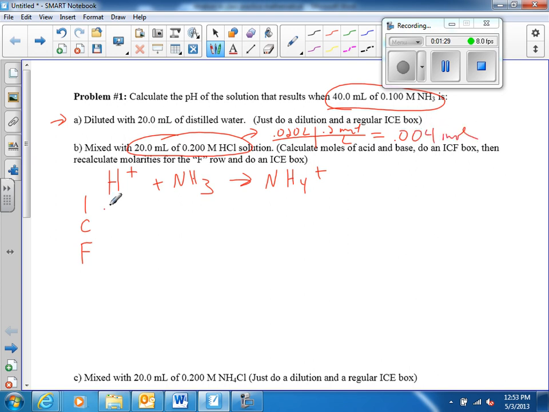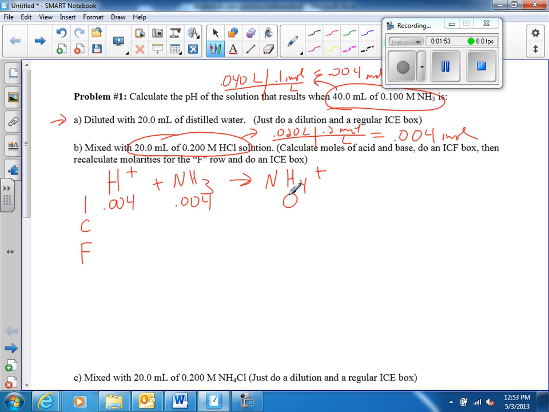So we put a 0.004 here. And the NH3, we have 0.040 liters and 0.1 moles per liter, which is 0.004 moles. Oh, we get the same amount, 0.004. And we don't have any ammonium in the beginning.